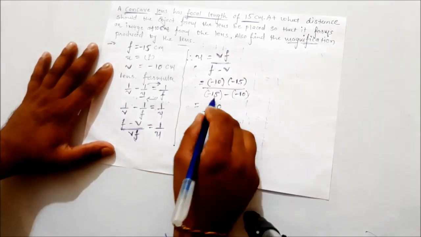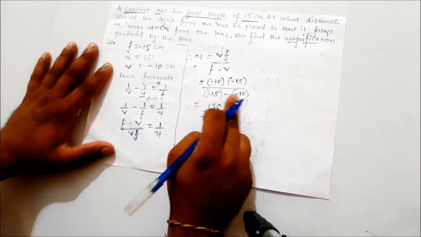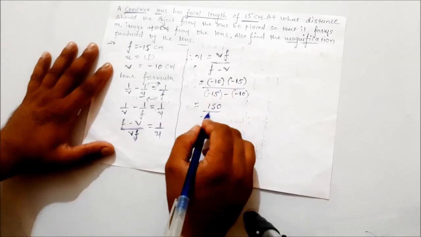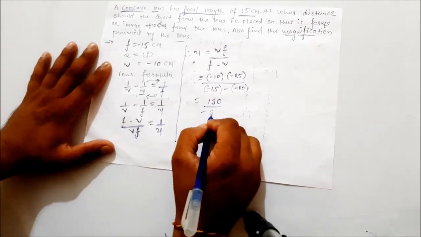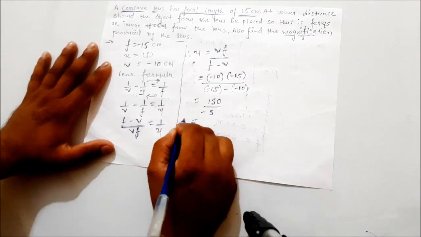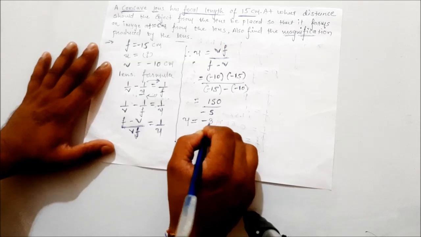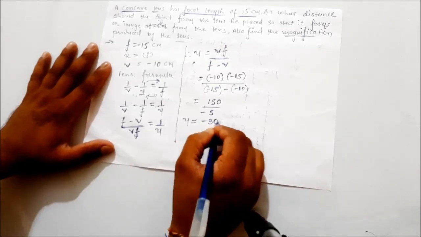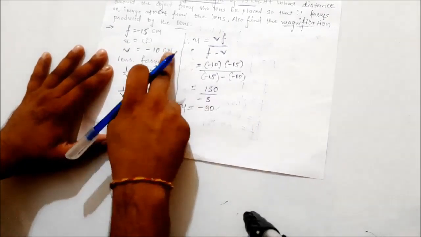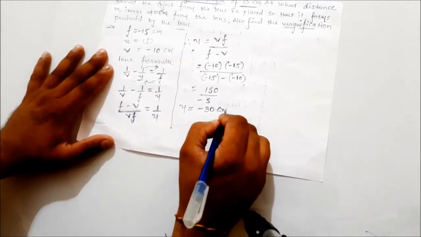Upon minus 15 minus minus, plus 10. So here we will get minus 5. So the answer for u will be minus 30. The unit was centimeter, so here also we are getting it in centimeter.